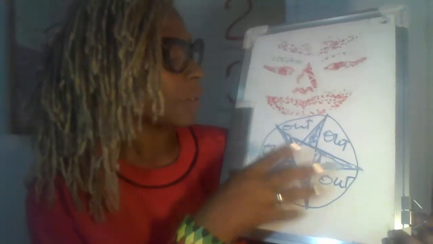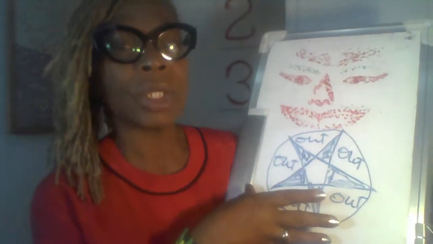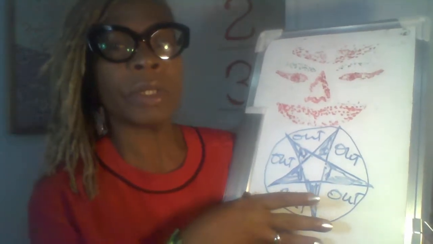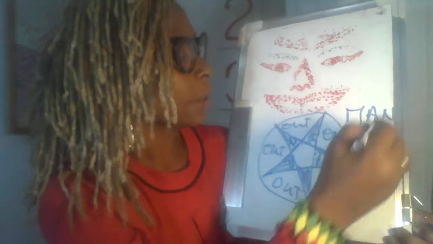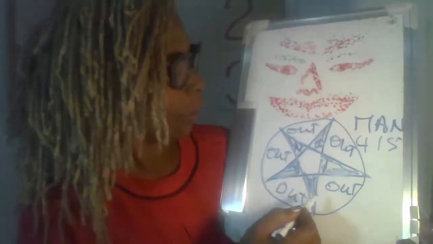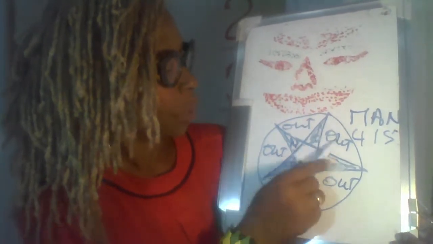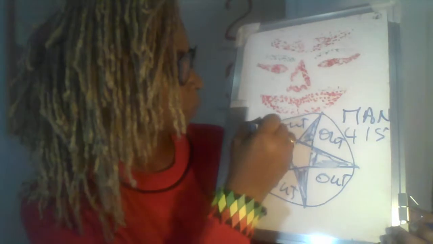So this is giving an indication of man as number 10, 4, 1, 5. So there we have 1, 2, 3, 4, 5 in and 5 out.